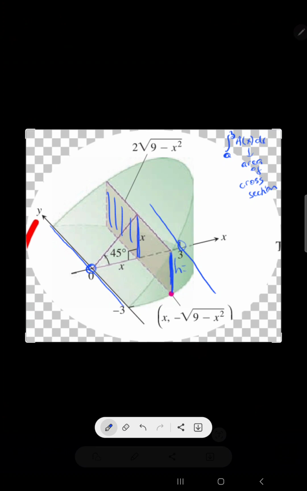It means our height is equal to x. Okay, and the area of this rectangle is A of x. So A of x is equal to height times width. We found that the height is x.